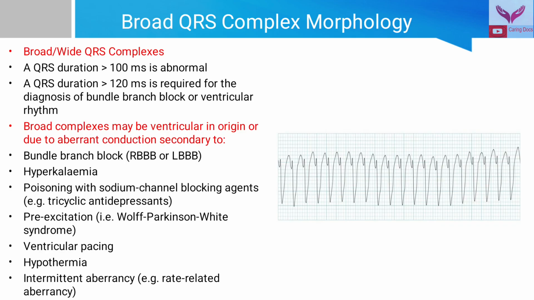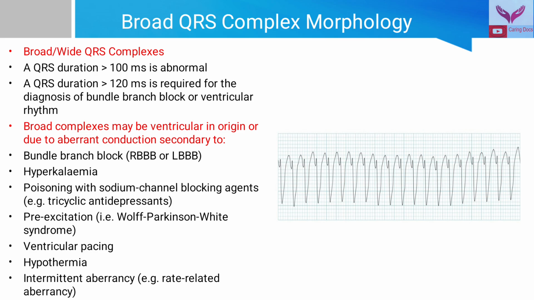The broad QRS complex morphology. Broad or wide QRS complexes, when the QRS duration is more than 100 milliseconds, we call abnormal. And a QRS duration of more than 120 milliseconds is required for the diagnosis of bundle branch block or ventricular rhythm.